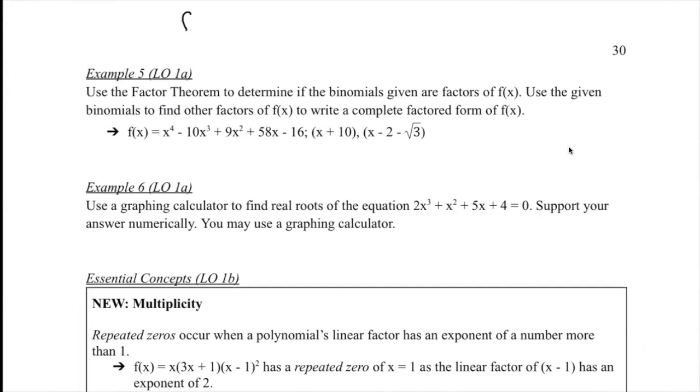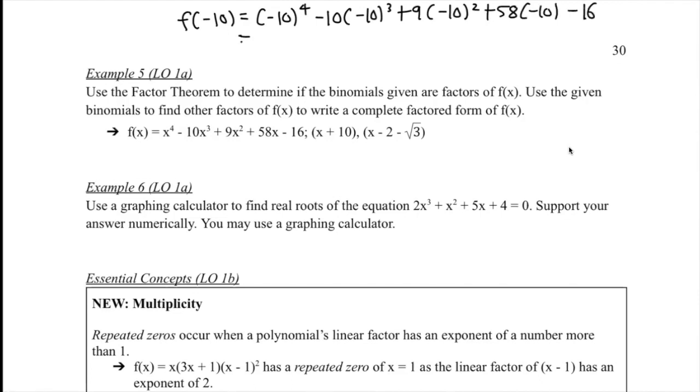We can check that by using the factor theorem, by plugging in minus 10 for x, because minus 10 is a root of x plus 10. Then we're going to have minus 10 to the power of 4, minus 10 to the power of 3, plus 9 times minus 10 to the power of 2, plus 58 times minus 10, minus 16.